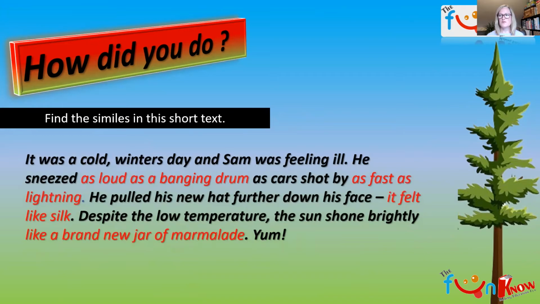There we go. So we've got, he sneezed as loud as a banging drum, as cars shot by as fast as lightning, pulled the hat further down his face and it felt like silk. And despite the low temperature, the sun shone brightly like a brand new jar of marmalade. Yum.